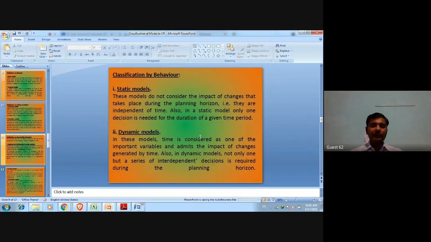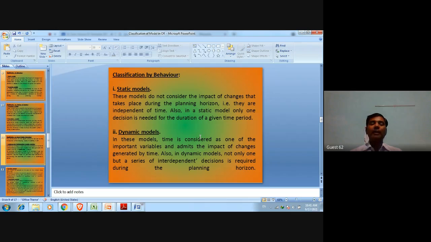And the dynamic model: in these models time is considered one of the important variables, and they admit the impact of changes generated by time. Also in dynamic models, not only one but a series of interdependent decisions is required during the planning horizon. It means just the opposite of a static model.